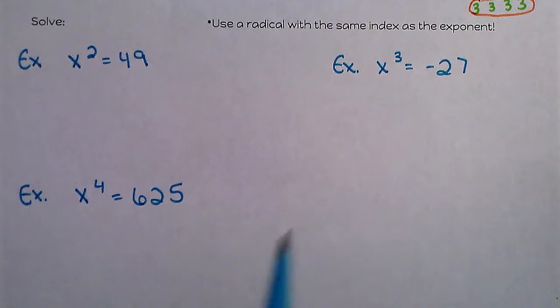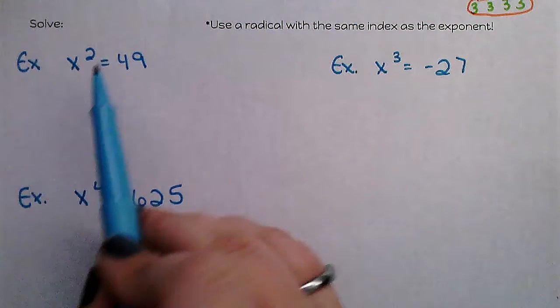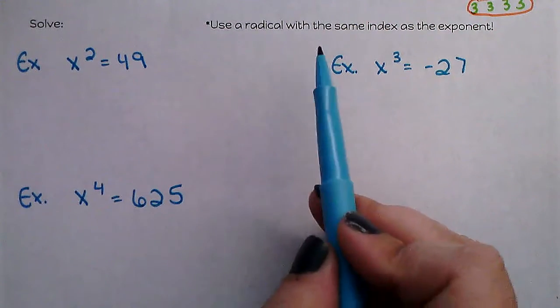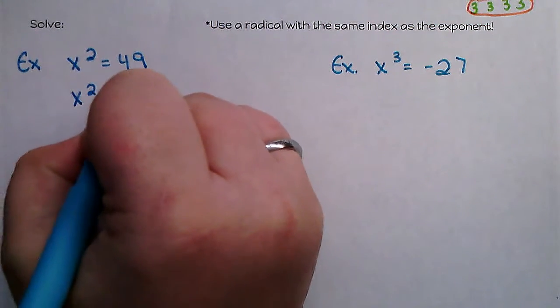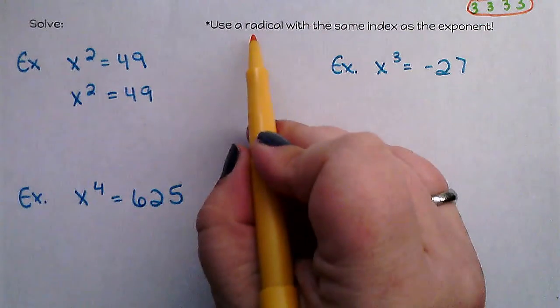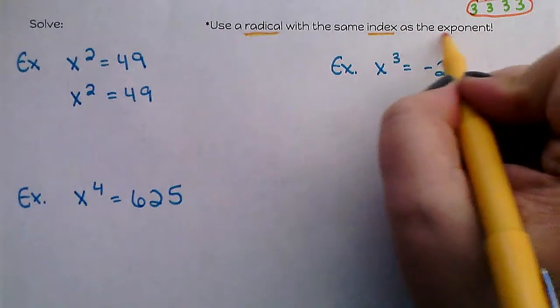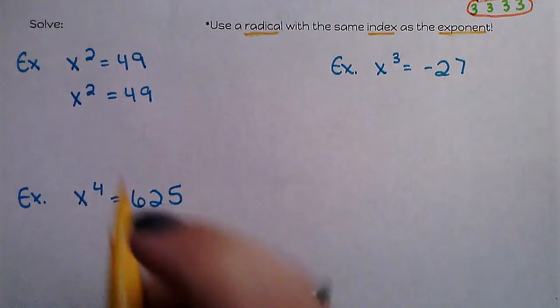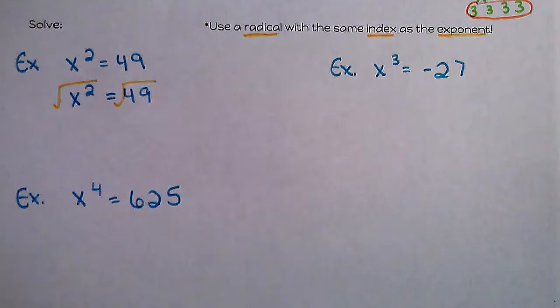On these solve ones, we have a power, an exponent, and we have to use a radical. This first one says x squared equals 49. Whatever the exponent is, we put that as the index. This is squared, so we're going to do a square root.